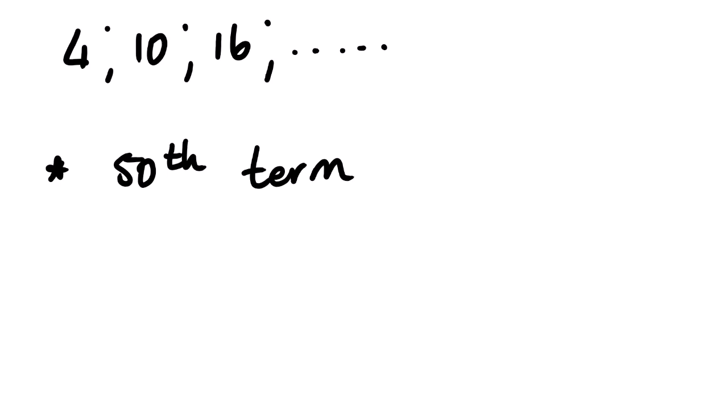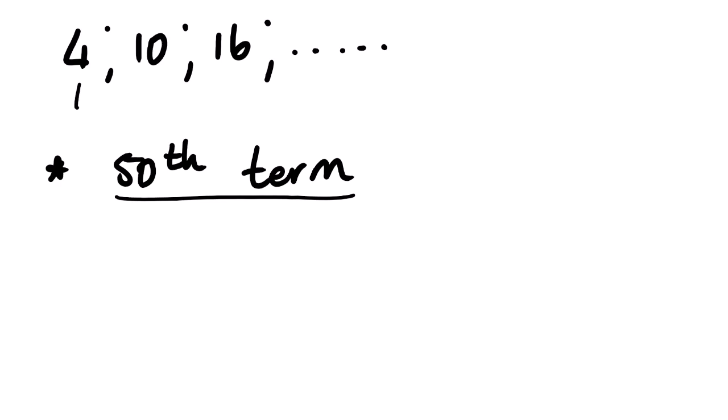Let's say we are given this type of pattern, and we can quickly prove that this is an arithmetic sequence. 16 minus 10 is 6. 10 minus 4 is 6. So the difference is common. Now let's say we have a question where we need to determine term number 50.